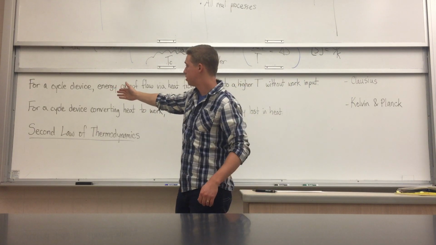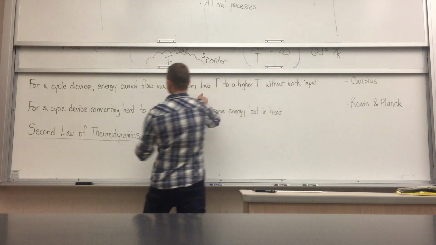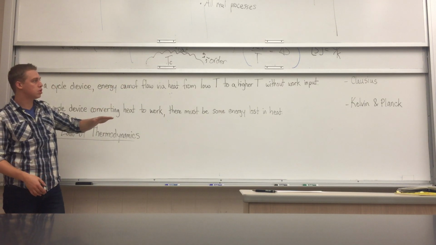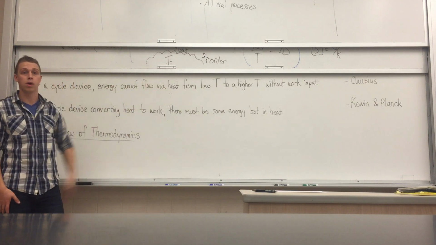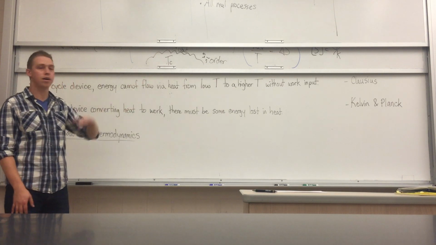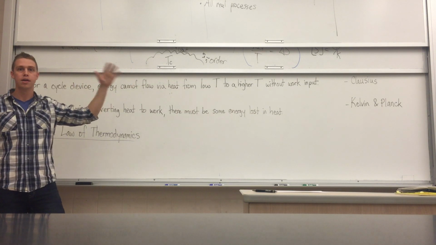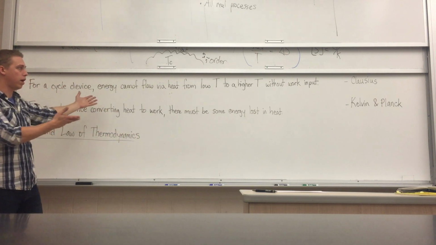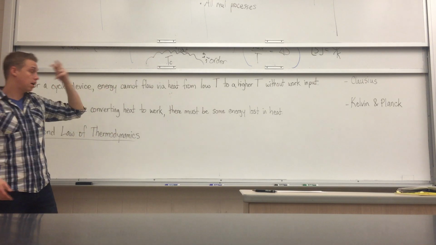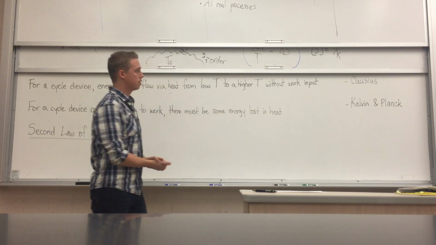For a cycle device, energy flow via heat: energy cannot flow via heat from a low temperature to a higher temperature without work input. Right? If there's no work input, it's got to go higher to lower. It cannot go lower to higher. Another intuition we had that turns out to be another way of writing the second law of thermodynamics. And this was by a physicist named Clausius, and so it's called the Clausius statement.